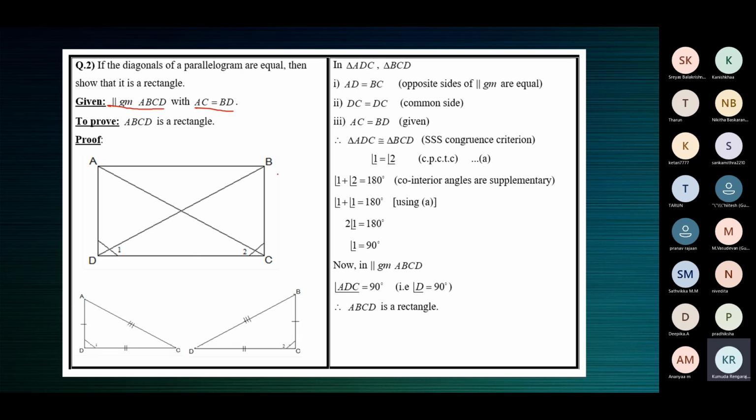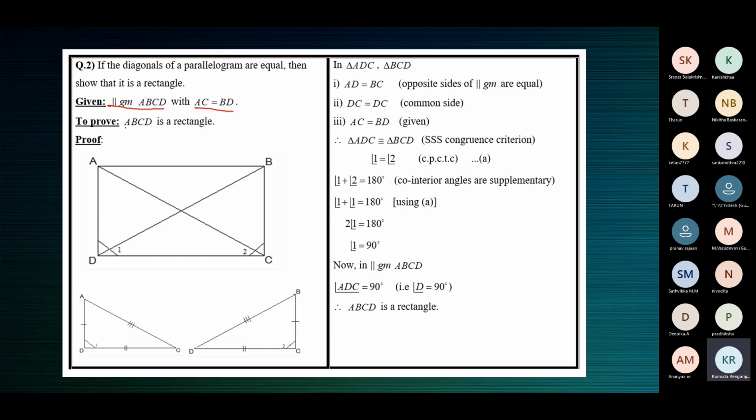So you can draw a parallelogram like this. Diagonal AC is equal to diagonal BD, given. In a parallelogram, diagonals are not equal. If they are equal, it is a rectangle, but that we have to prove now. In a parallelogram which is not a rectangle, the diagonals are not equal.